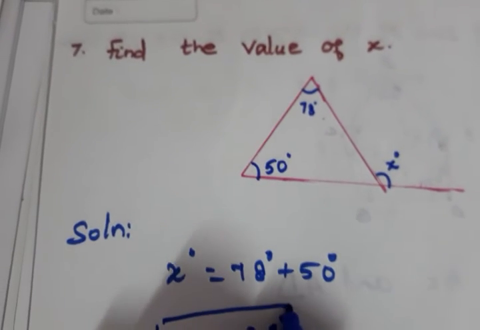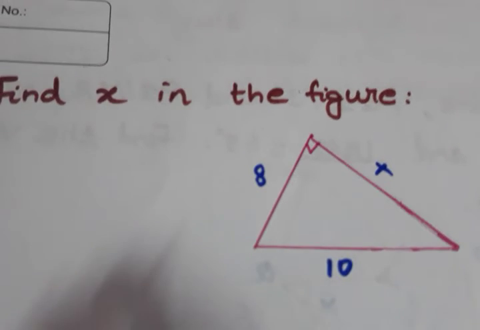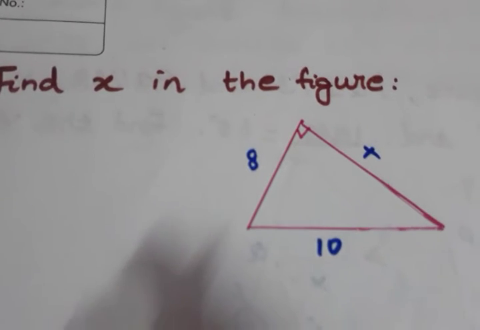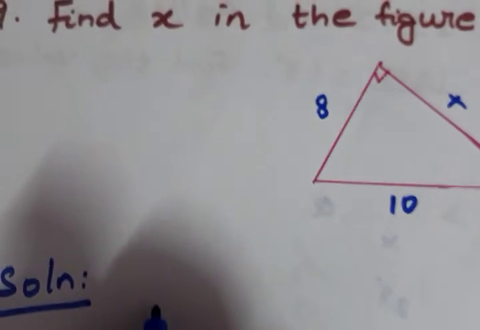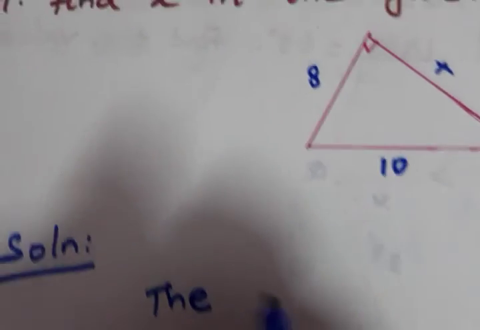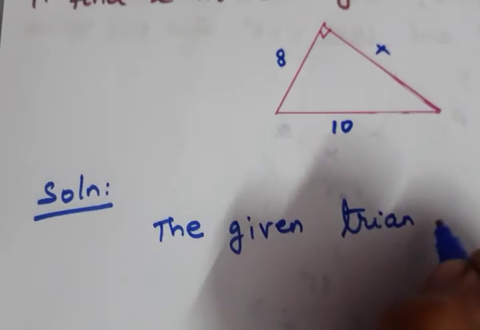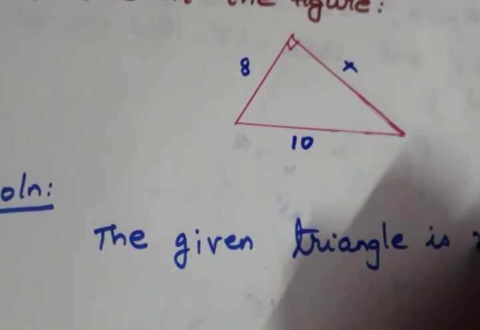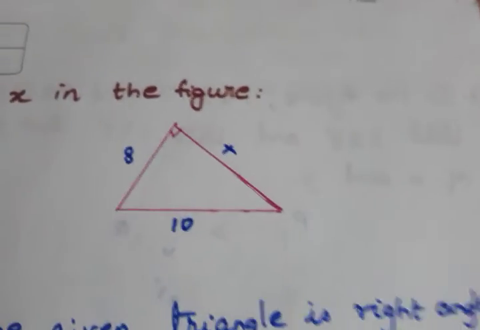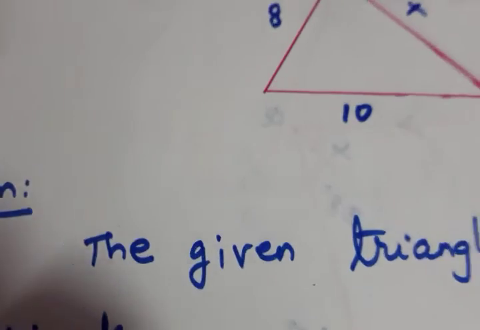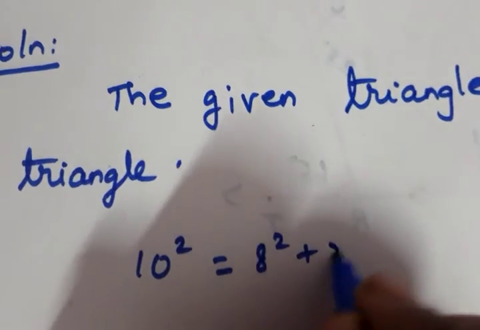Next, find x in the triangle with sides 10, 8, and x. The given triangle is a right angle triangle, so 10 square equals 8 square plus x square.